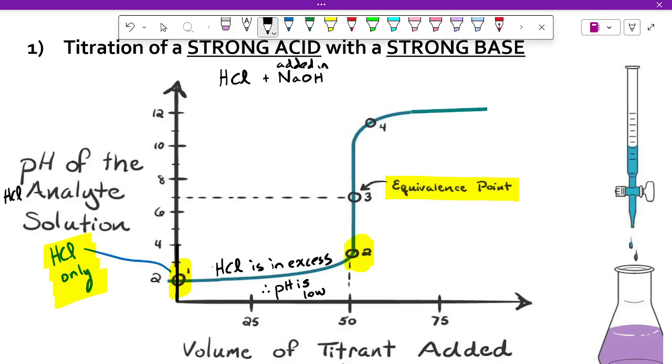Okay? At the equivalence point, the moles of HCl were equal to the moles of NaOH, our moles of H+ equal the moles of OH-. And the only things we have present are, so this was all used up.